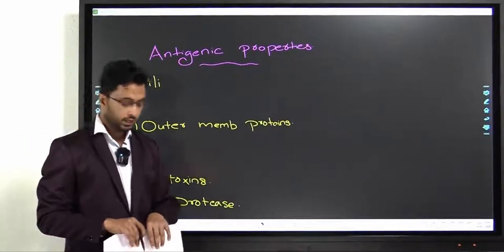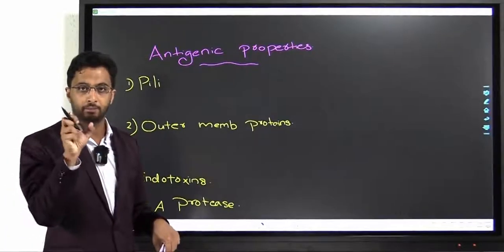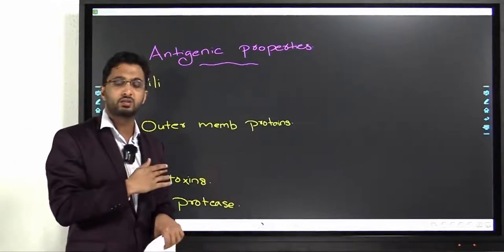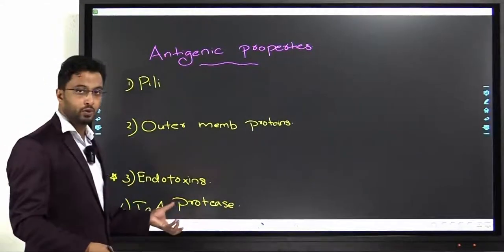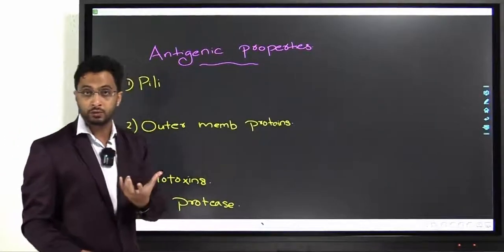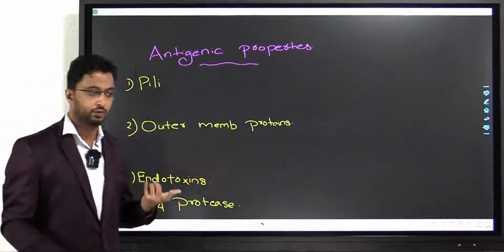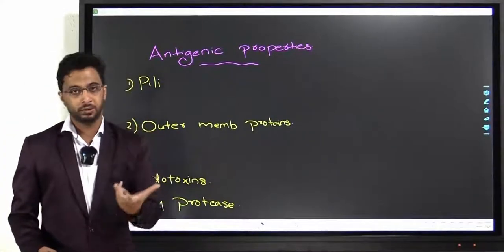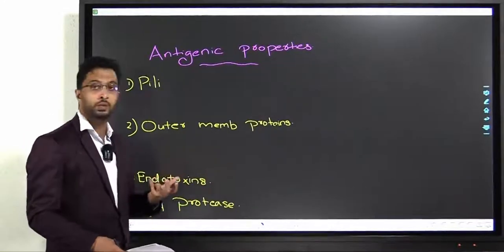Endotoxins means the toxin is attached to the cell, within them, whereas exotoxin means it is released outside. So gram-negative organisms have endotoxins, which are a very important antigenic property and very important in their pathogenesis. Fine. So let us go one by one.